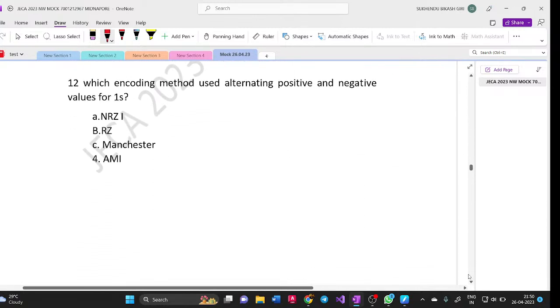Question 12. Which encoding method uses alternating positive and negative values for 1? Very easy.